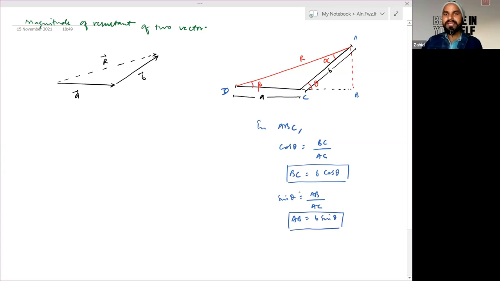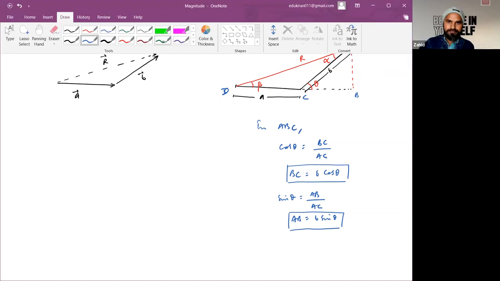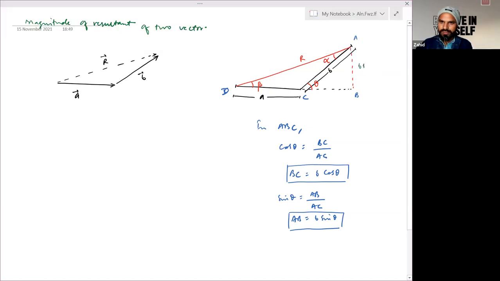Since I have to find R, for which the perpendicular is AB and the base is BD, that's why I have calculated the values of AB and BC in triangle ABC using theta and B. Is it clear? Yes, sir. Now this is B times sine theta from this point to this point, and this is B times cos theta from this point to this point.